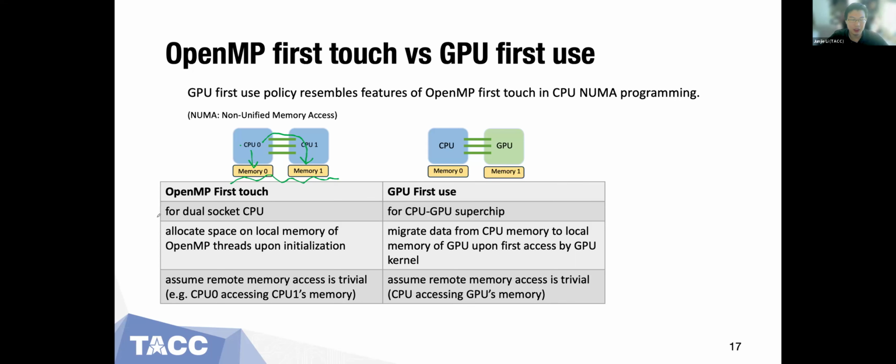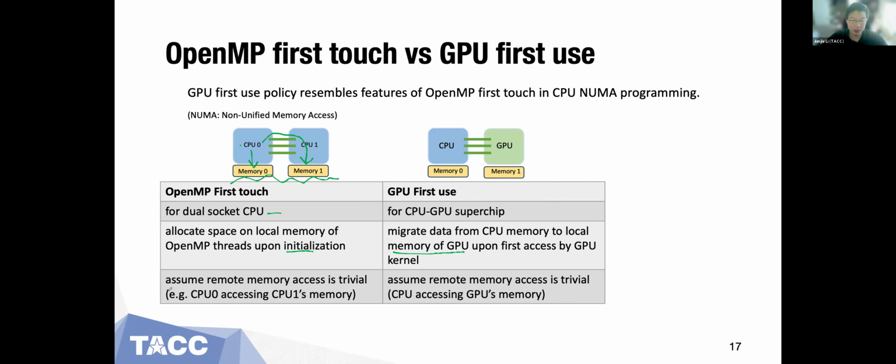And to compare these two strategies, I laid out the three most critical features. OpenMP first touch is designed for dual socket CPU, and GPU first use is designed for CPU-GPU superchip. In OpenMP first touch, the memory space is allocated on the local memory of the OpenMP thread upon initialization, while in GPU first use, we migrate the data from the CPU memory to the local memory of the GPU upon first access by the GPU kernel.